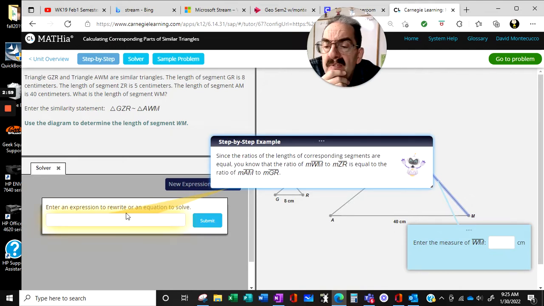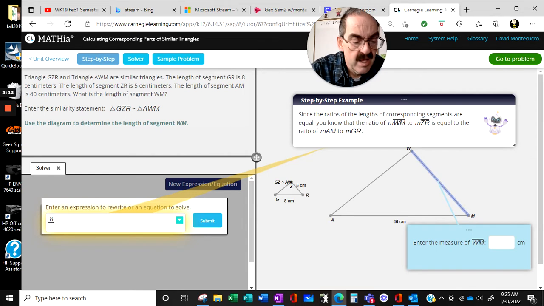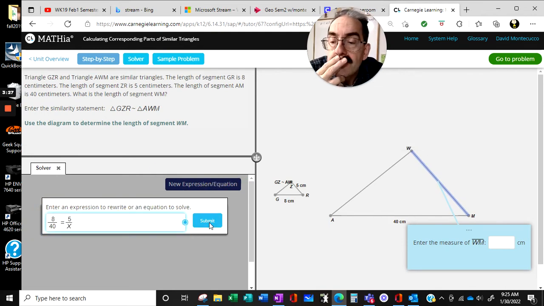Now enter, find an expression to rewrite or an equation to solve. Okay, so we want to go 8 divided by 40 equals, big arrow, equals 5 over x. Submit.